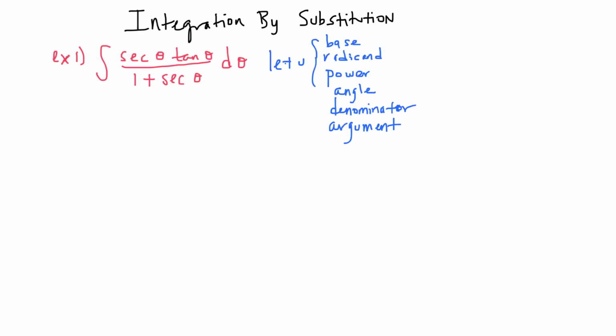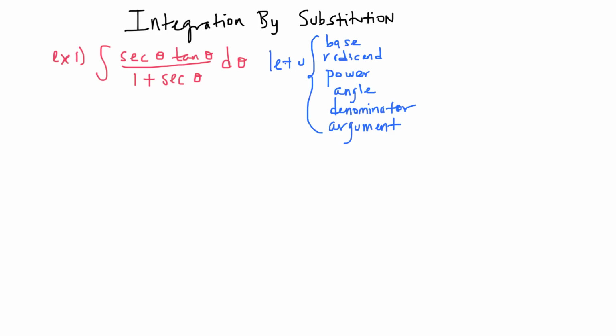Many times it is trial and error, but practice makes you better at taking these integrals. So let's see, do we have a base in this problem? No, nothing is being raised to a power. Is there a radicand? No, there's no square roots or cube roots.